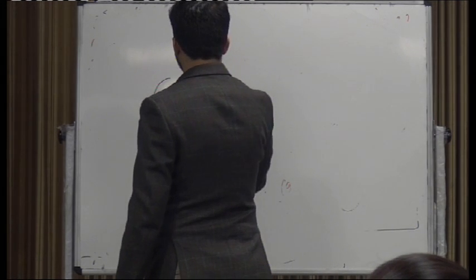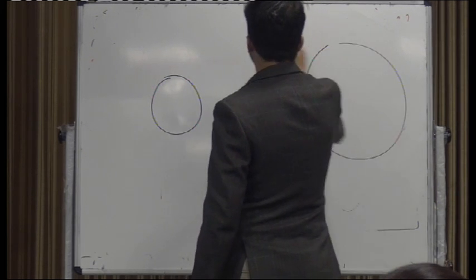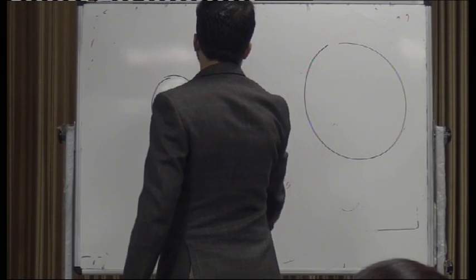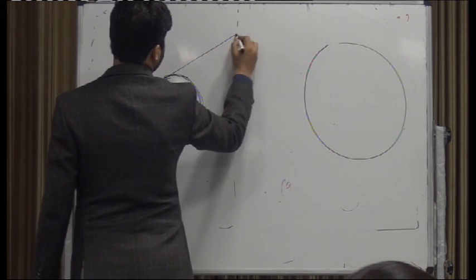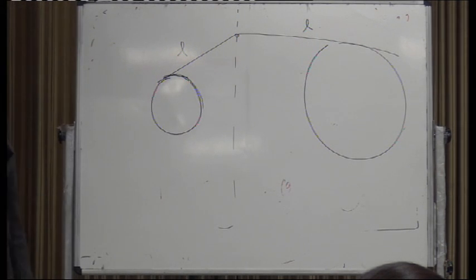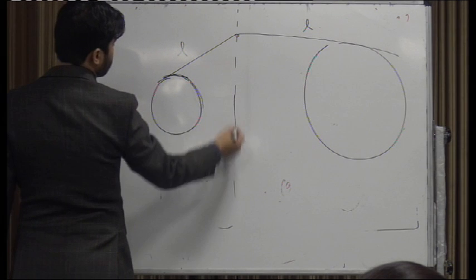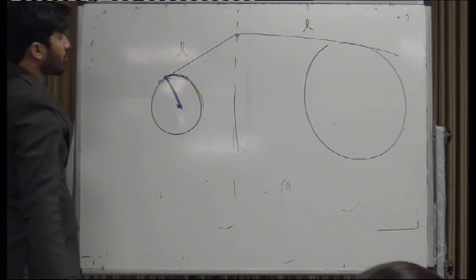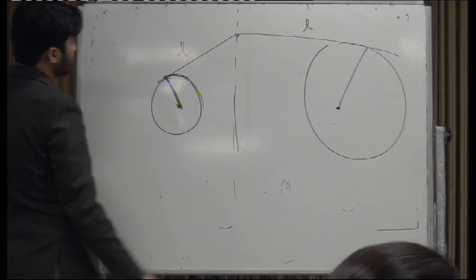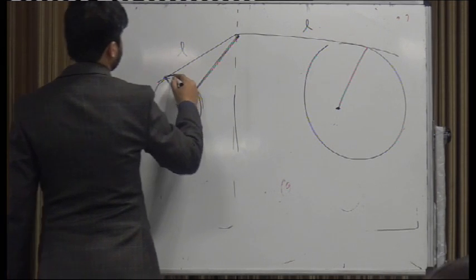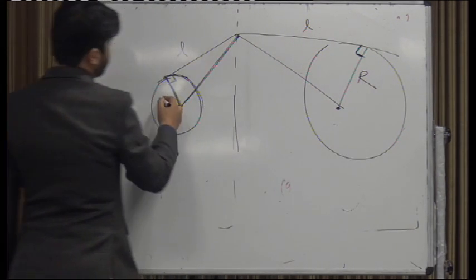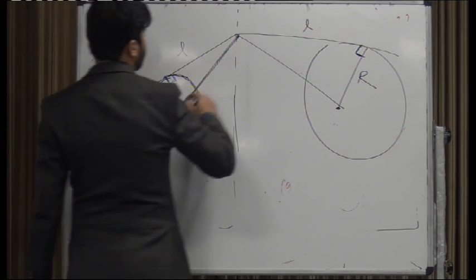Let's say this is L, this is L, right? This would be capital R. This will be hypotenuse.